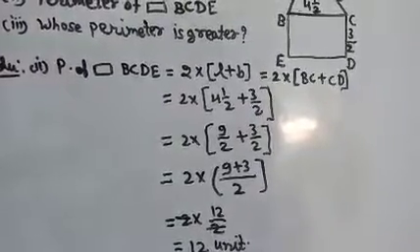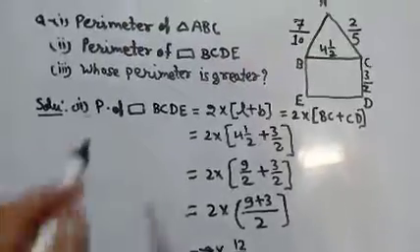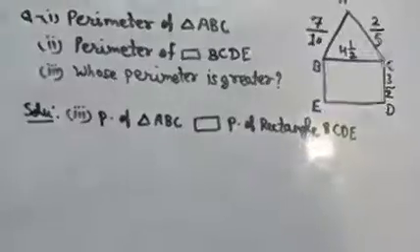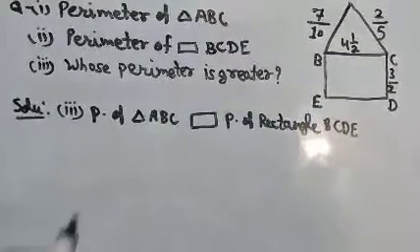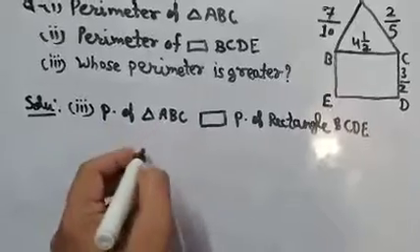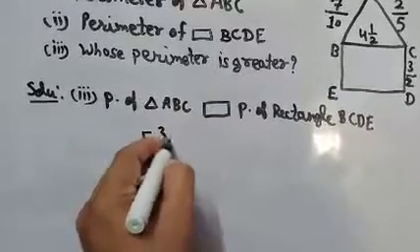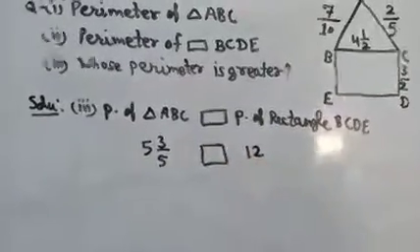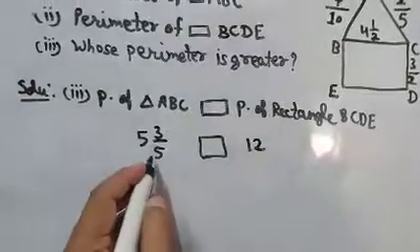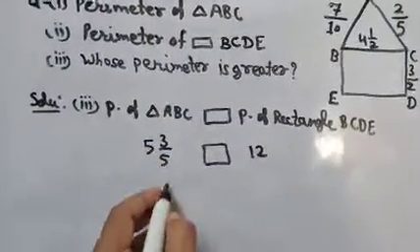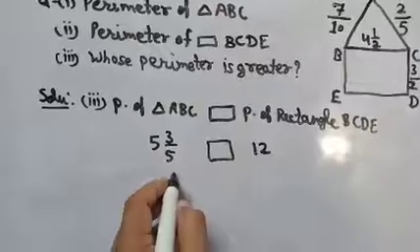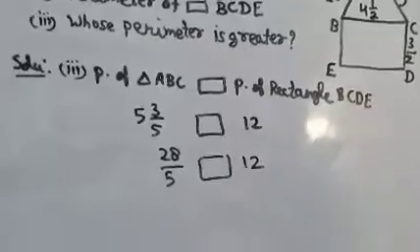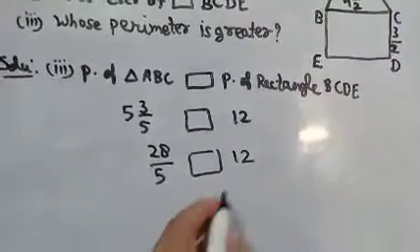Now the third part is whose perimeter is greater, a comparison of two perimeters. The perimeter of triangle ABC is 5 whole 3 by 5 and the perimeter of the rectangle is 12. 5 fives are 25 plus 3 is 28 upon 5, and here is 12 upon 1.